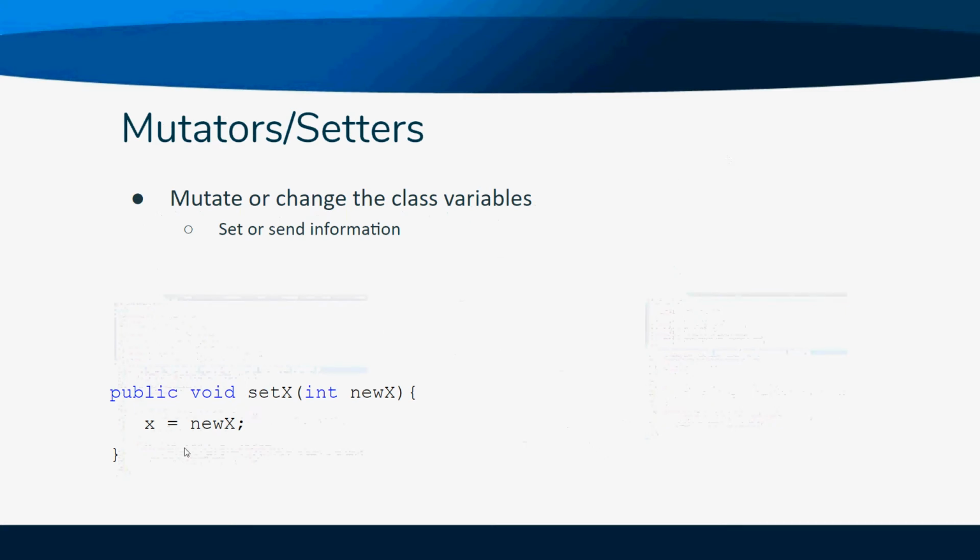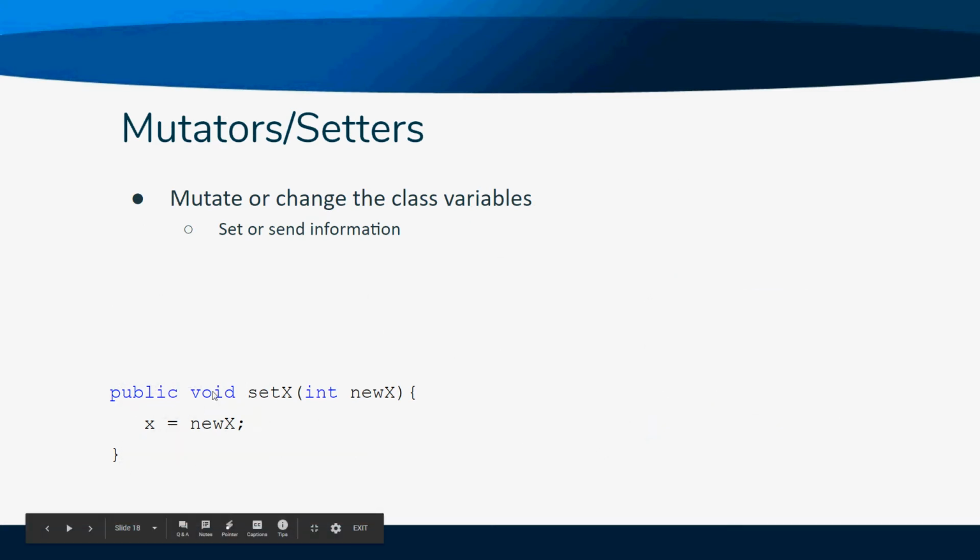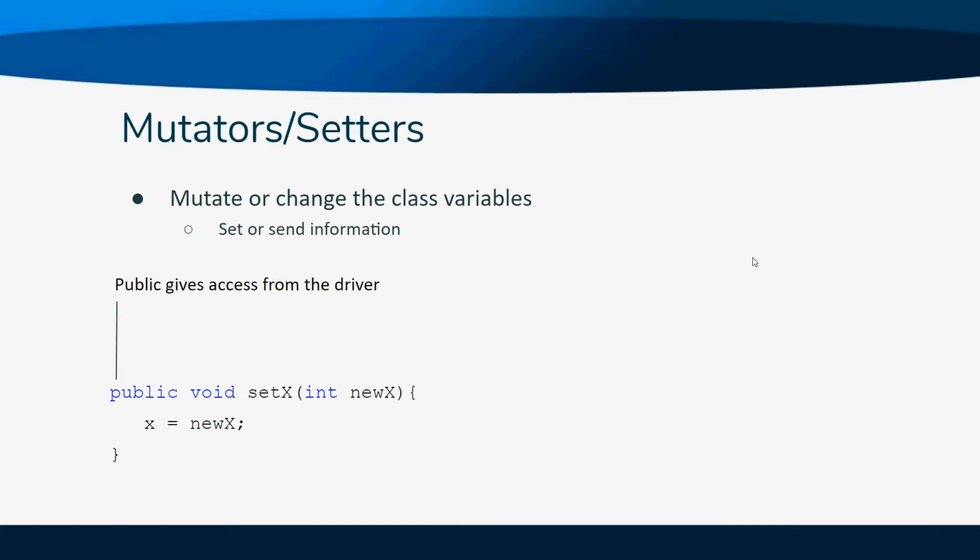Okay, here's an example of a setter. Suppose, remember in our Tetris piece, we had an X and a Y value, and we want to set a new X value to our Tetris piece, we could use a setter. What that does, remember, it sends information, and the makeup of it is, remember, it always has to be public because we want to be able to call the setter from main.